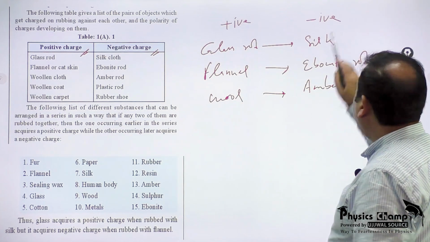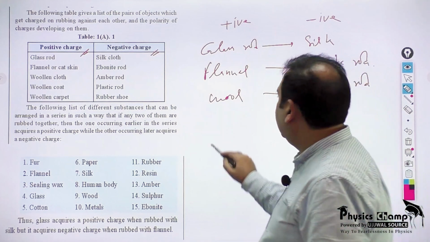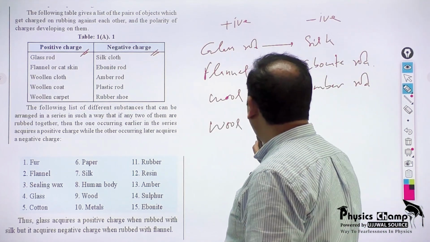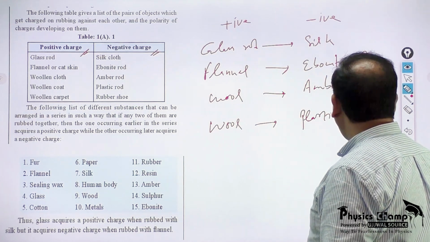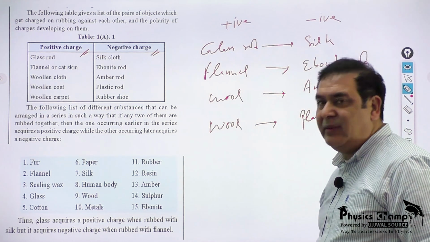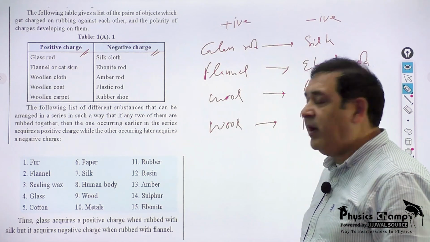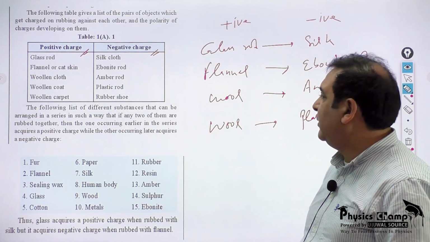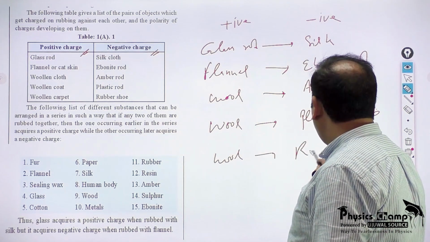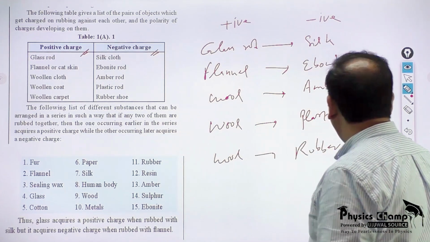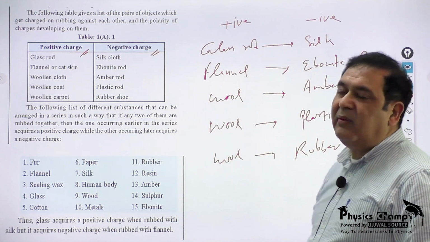The amber rod will be negative and the wool will have positive. Then again, you take wool or hair and rub it with a plastic comb. The plastic comb will have a negative charge, and wool or hair will have a positive charge. Then again, if you rub a rubber shoe on wool, the rubber shoe will have a negative charge and the wool will have positive charge.